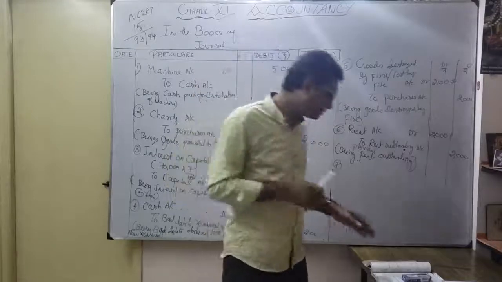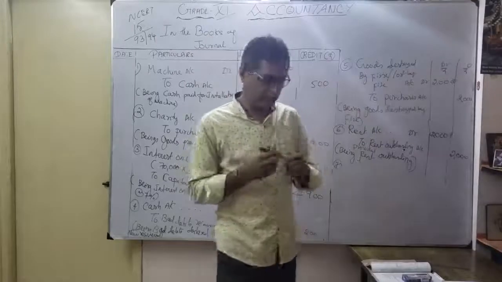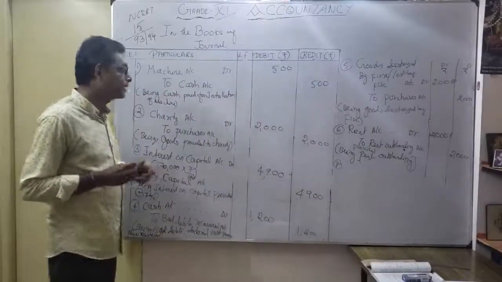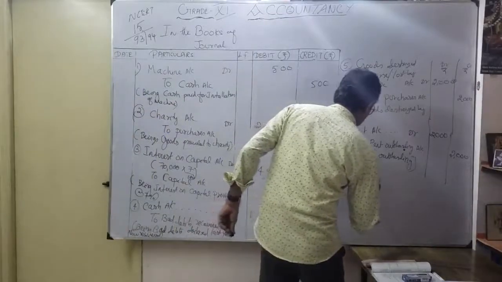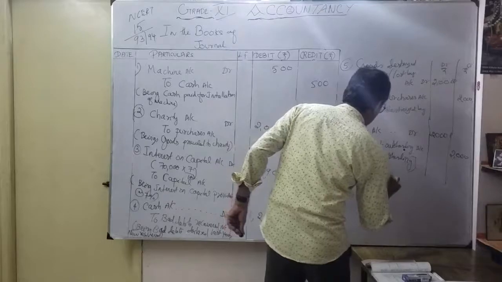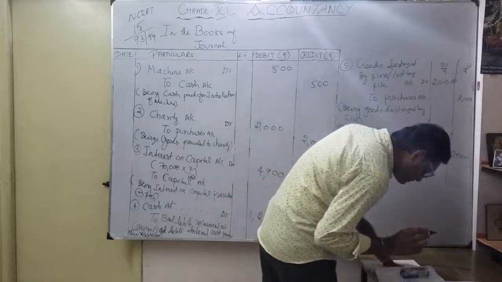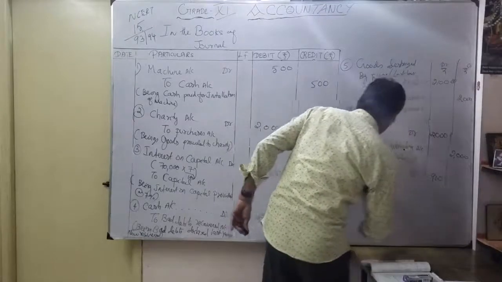Okay, here they have given interest on drawings, 900. How to write it? Okay, simple. Here I mentioned capital. Here I debited the drawings account. Drawings account debit. How much? 900. Okay, to reduce my drawings.